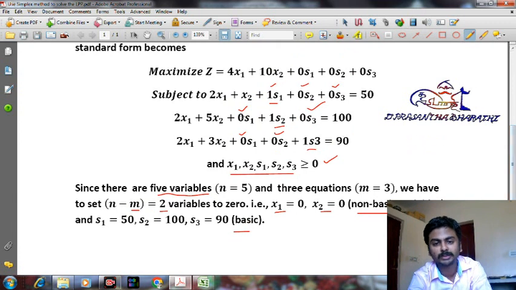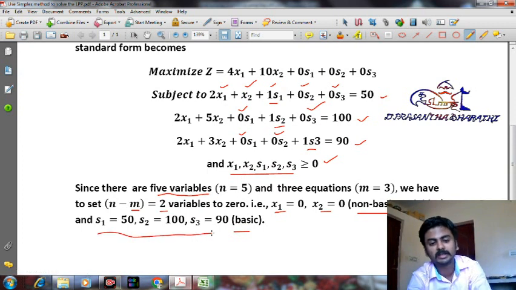When x1 equal to 0 and x2 equal to 0, we will have s1 equal to 50, s2 equal to 100 and s3 equal to 90, which is given here. And we call these three slack variables the basic variables.